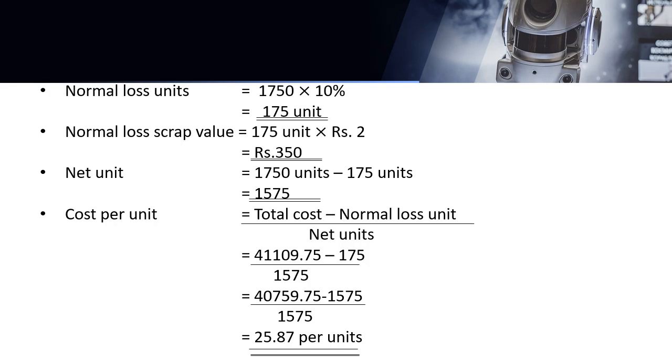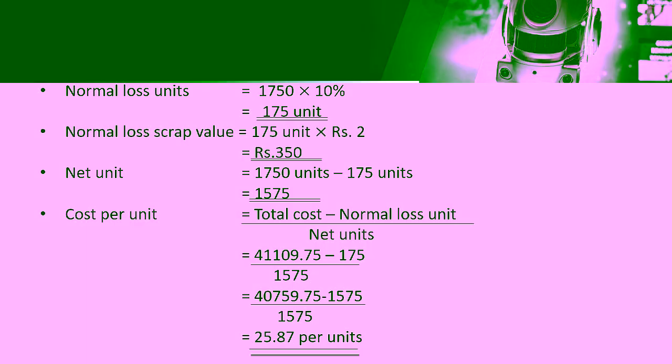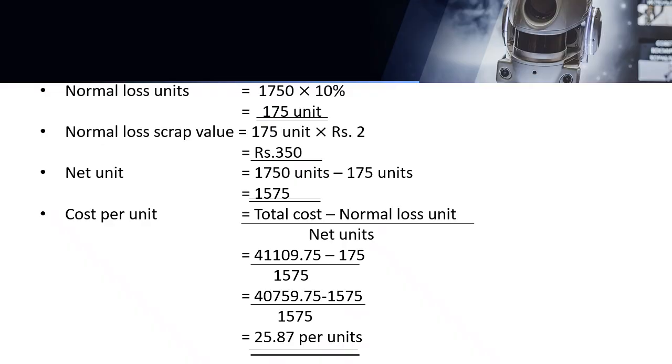Answer is 350 rupees. Next, calculate the net units. Net units equal 1750 units minus 175 units equals 1575 units.